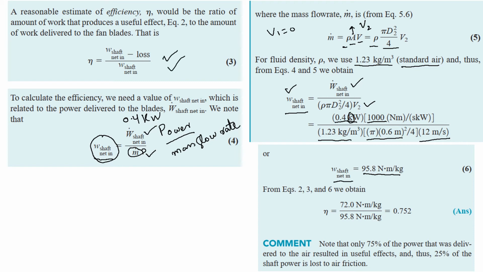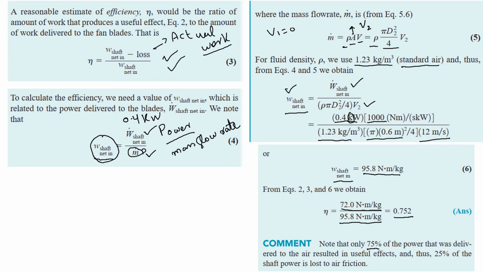By using this formula, I am taking the ratio of the actual work that is being done by the fan and dividing it by the ideal work. So I get an efficiency of 75%. So the 25% are the losses.